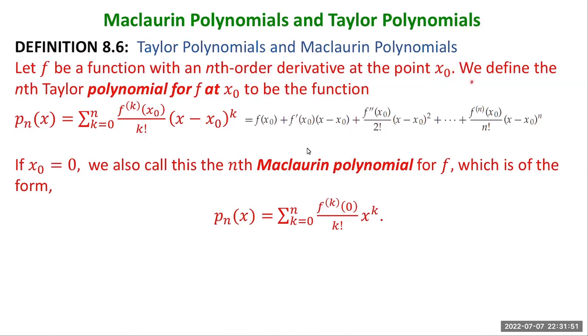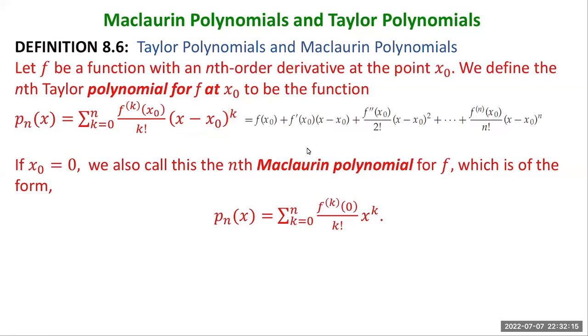We define the nth Taylor polynomial for f at x naught to be the function denoted by P_n(x) equal to sigma k goes from 0 to n of f^(k)(x naught) divided by k factorial times (x minus x naught) to the power k.